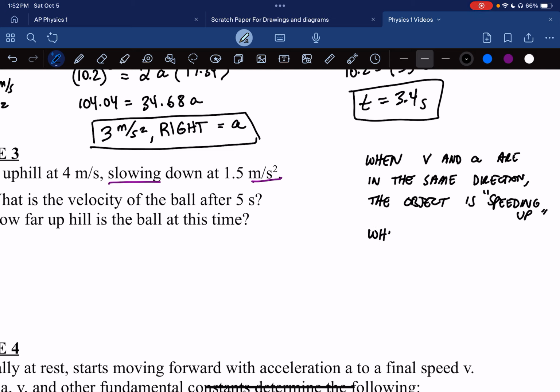When V and A are in opposite directions, the object is slowing down.